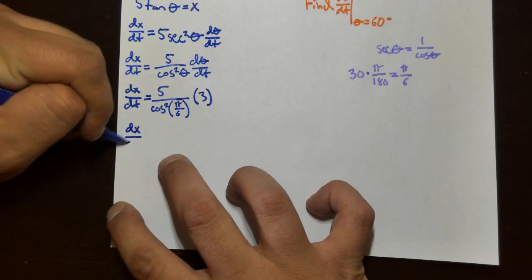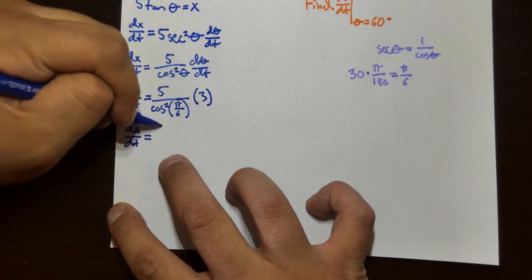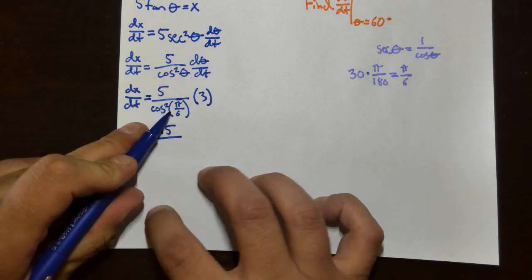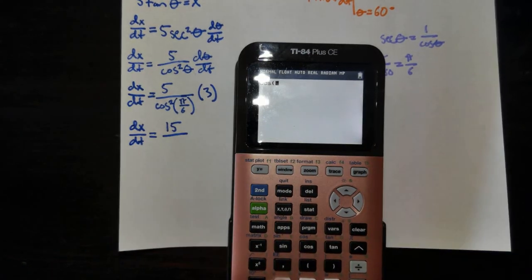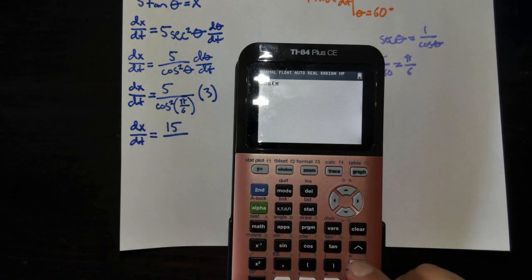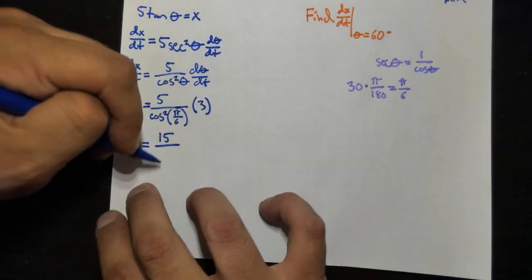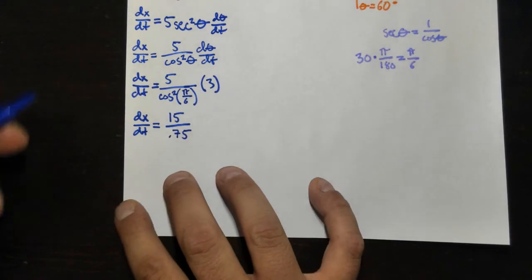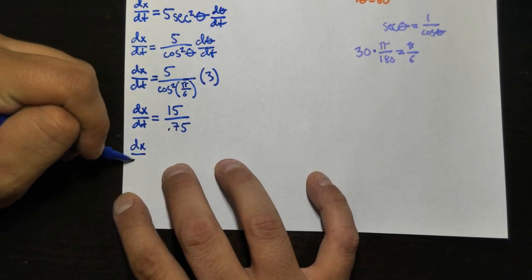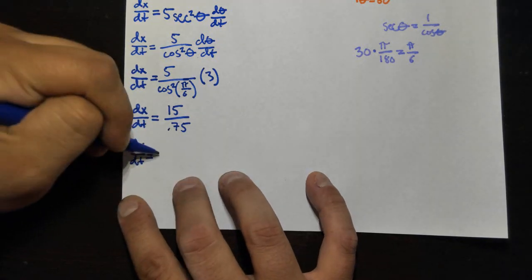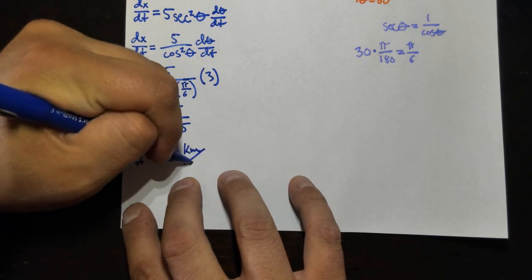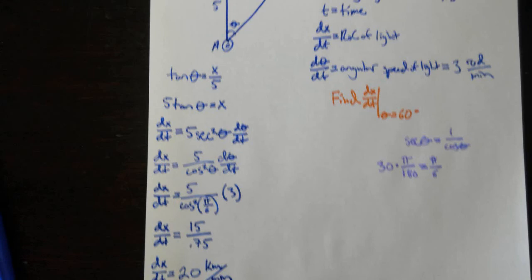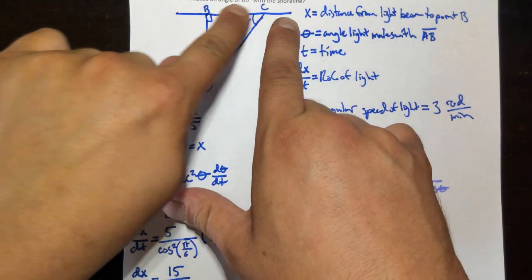So dx/dt is equal to 5 times 3, which is 15, over cosine squared of pi over 6. Cosine of pi over 6, squared, is 0.75. So that's going to be 20. So dx/dt is 20 kilometers per minute. So that's how quickly the light is moving along the shore at that point.